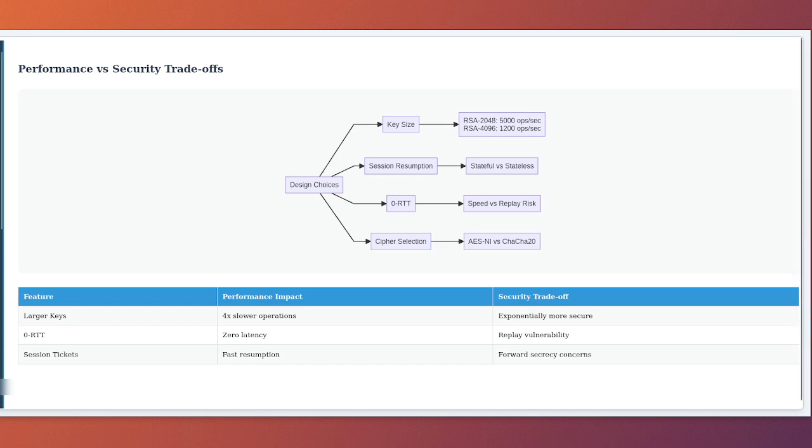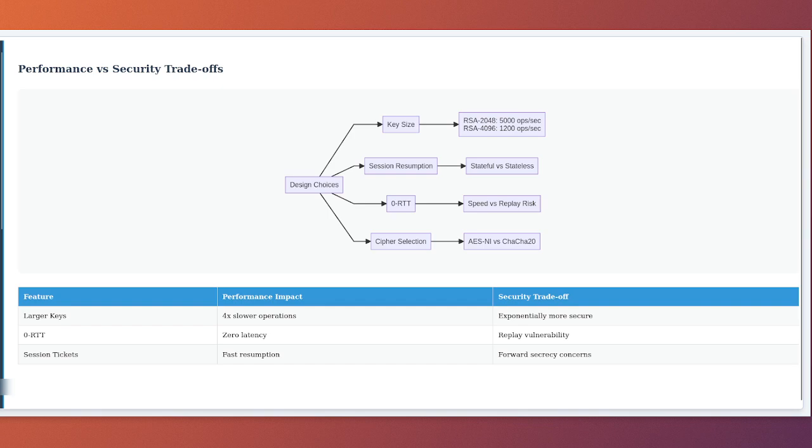The most obvious trade-off is in key sizes. Larger keys provide more security but require more computation. RSA 2048 is considered secure today, but RSA 4096 is even more secure, yet it is 4 times slower for signing operations.